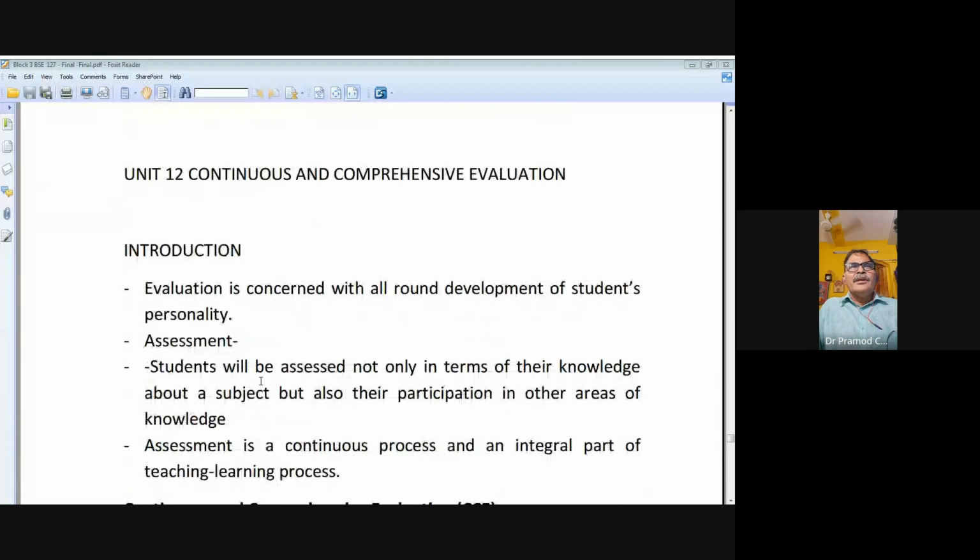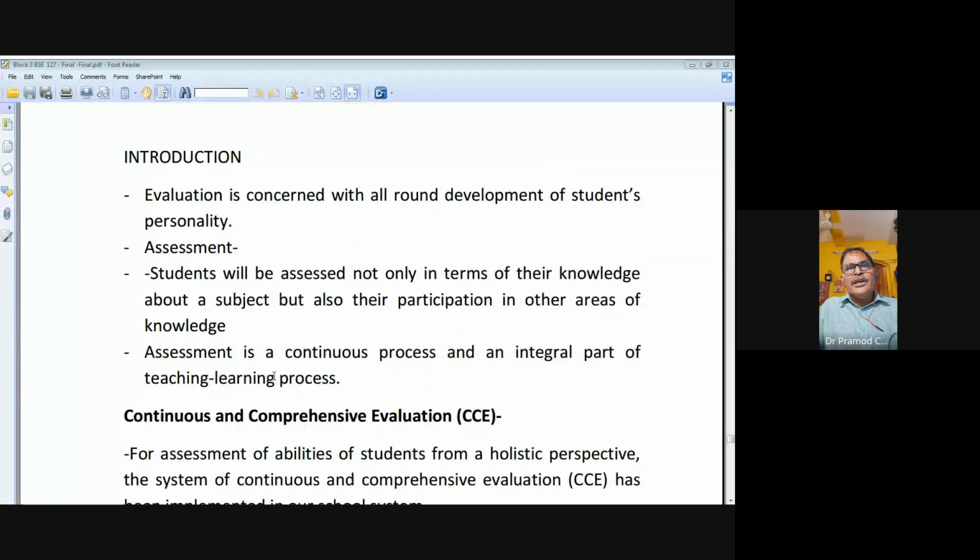Okay, yes, and sir, next is continuous and comprehensive evaluation, you all know it. Evaluation is what, previously I have told you: measurement, assessment and value judgment. So definitely if evaluation is like this and we are giving some value judgment, then automatically we will consider all the aspects of the child.